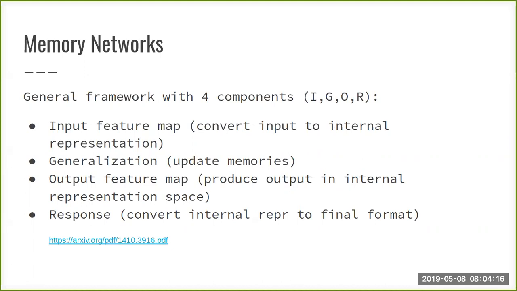Each of these components can be a neural network or any other system, literally anything. So during generalization, you are allowed to update the memories that you store and perform any kind of generalization you can think of.